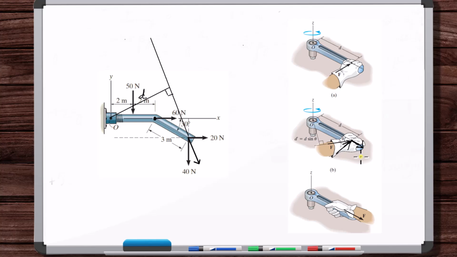You can look at that as the magnitude of F times the magnitude of R sine theta, so it's taking the R and turning it into the moment arm. Or you can look at it as the magnitude of R times the magnitude of F sine theta. And that's kind of what it's doing in that circumstance.